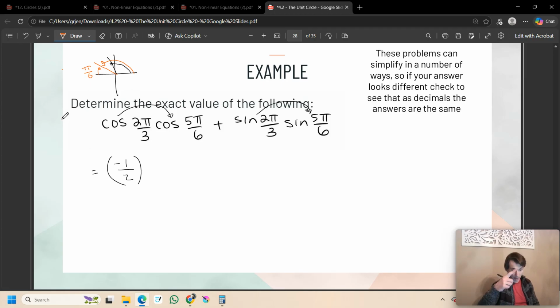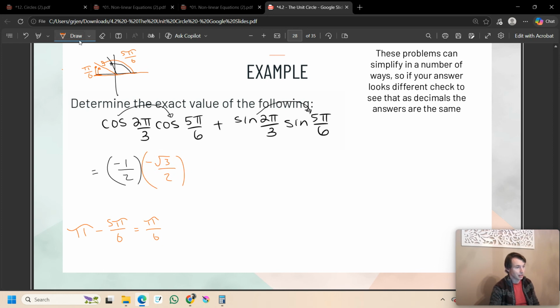As a related acute angle, just the way you would do that is you would say, well, I have pi, which is all the way over here, and I want to take away something to get to 5 pi on 6, so I just do pi minus 5 pi on 6 to find my related acute angle, and it's pi on 6. Okay, so cosine of pi on 6 is root 3 on 2, but it's negative.